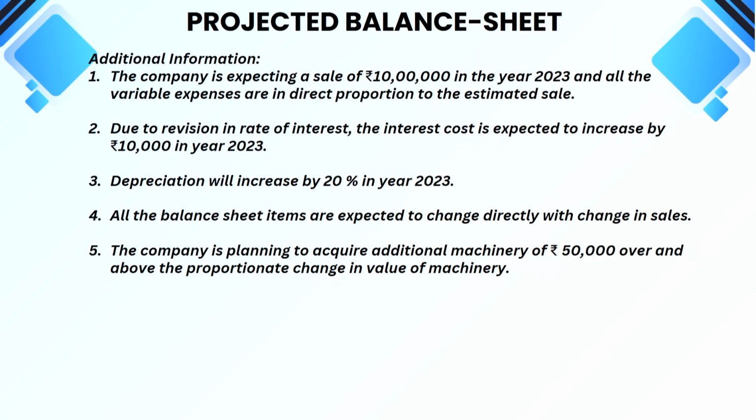These are the additional information for this particular question. So starting in the similar manner as we did, we are here to prepare the projected income statement for the year 2023 first, then we make a projected balance sheet for the same.